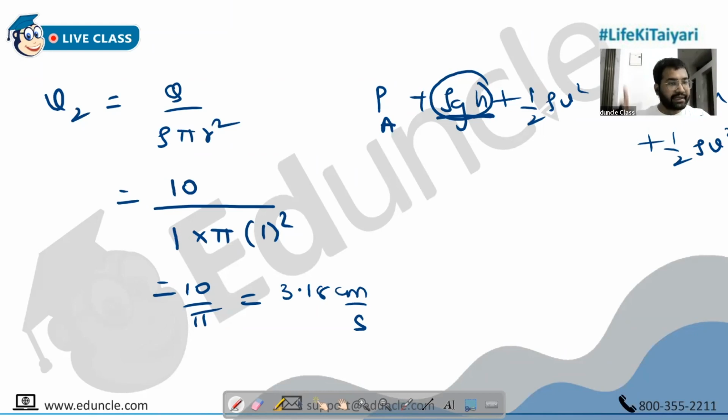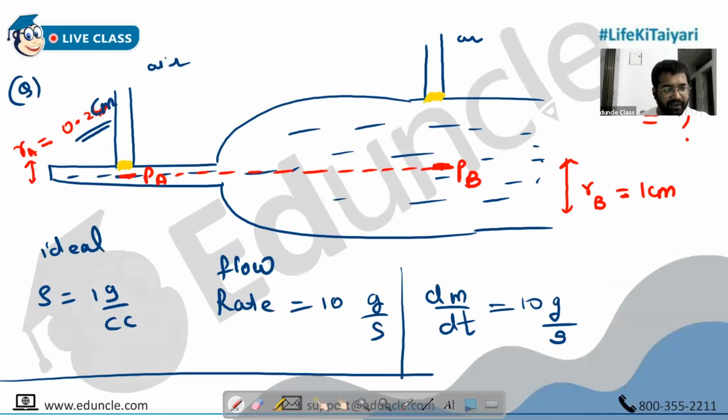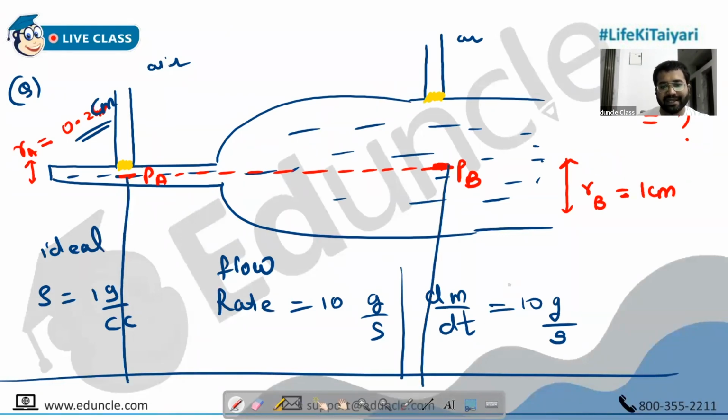Write it in a note that rho GH in Bernoulli's theorem is not depth, it is potential energy per unit volume, it is height from the ground. You can take the ground wherever you want, but don't you think the height of the first case and the height of the second case is the same?